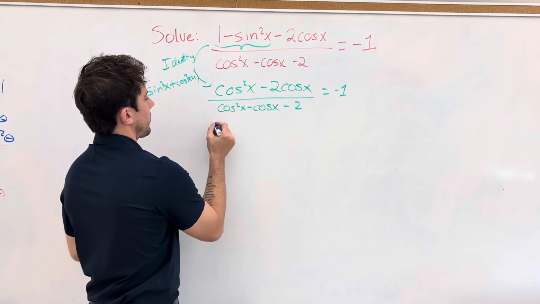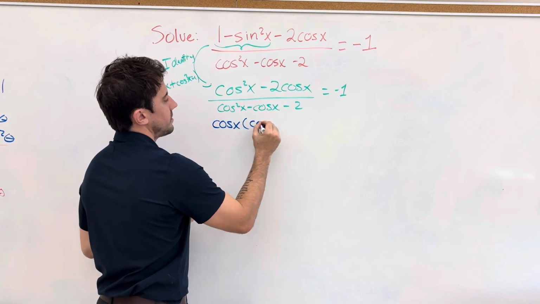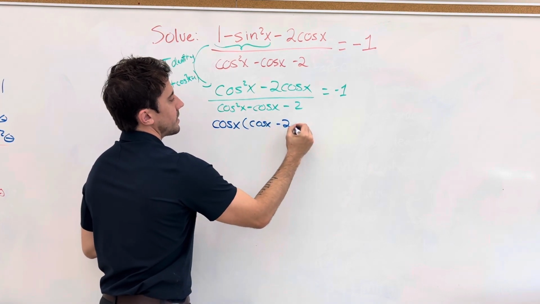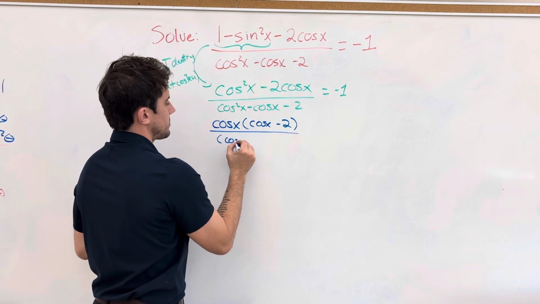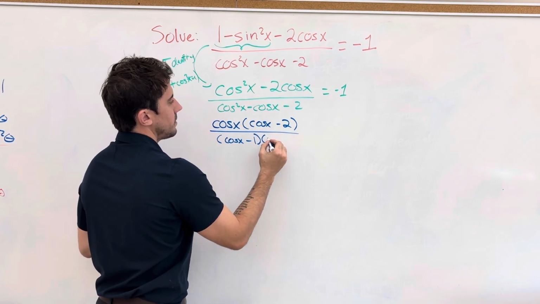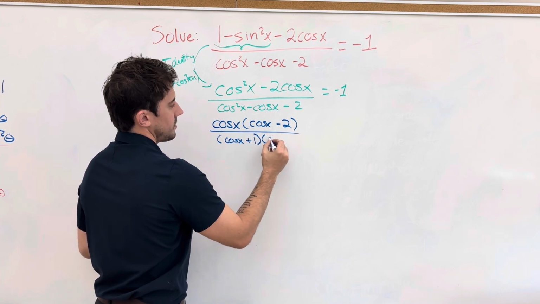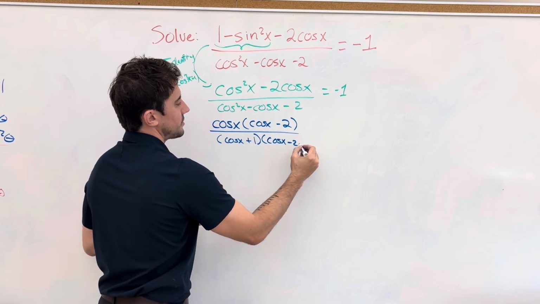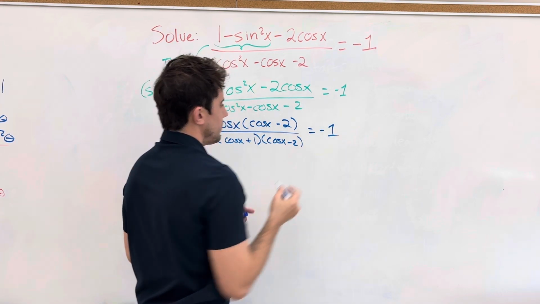The numerator factors as, we can factor cos x from both terms, and we get cos x times cos x minus 2, all over, this factors as cos x minus 1 times cos x plus 1 times cos x minus 2, is equal to negative 1.